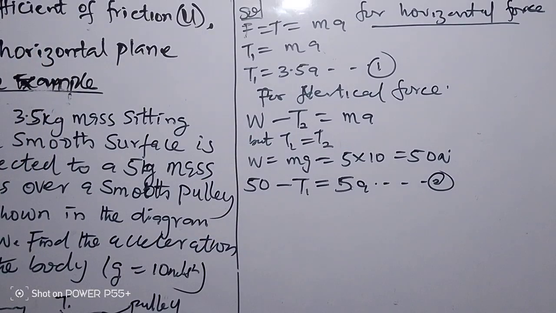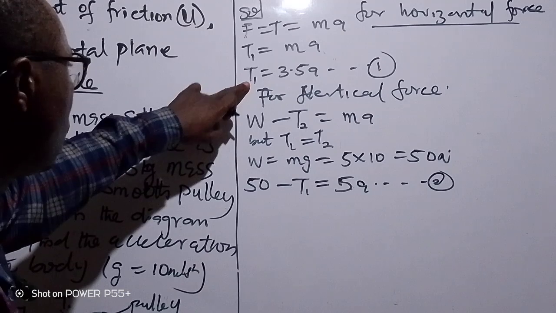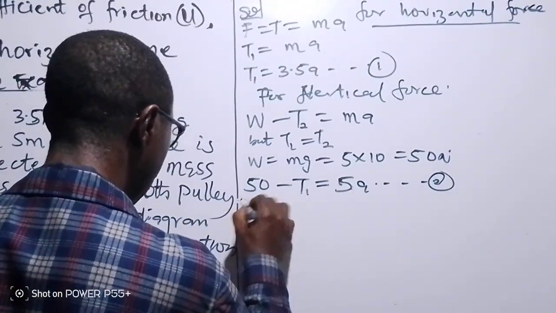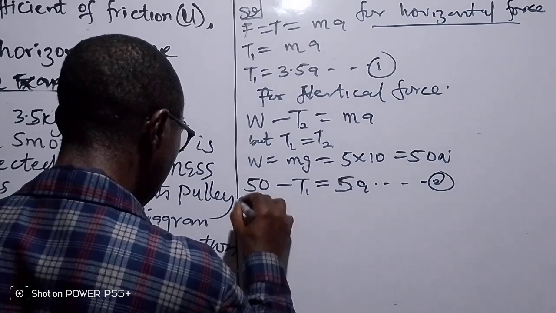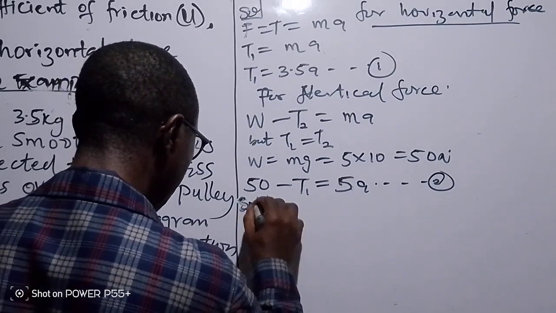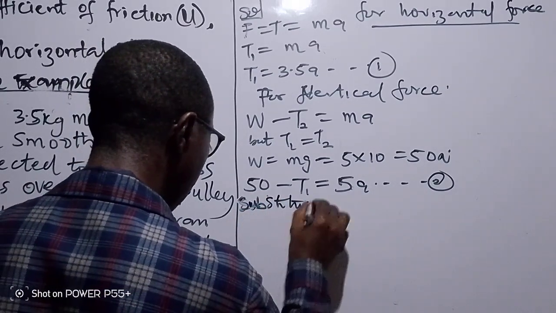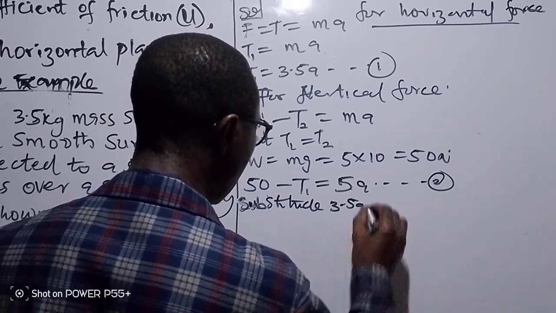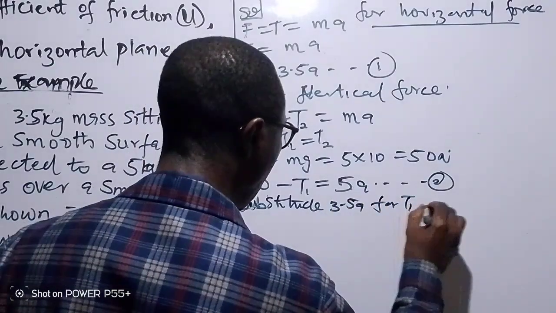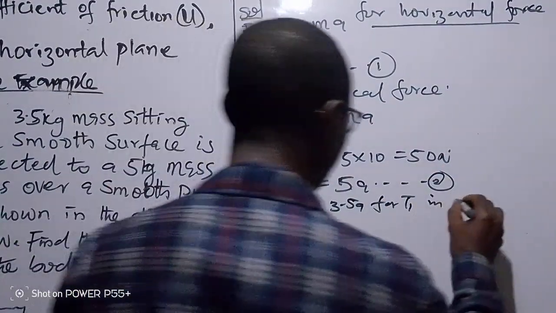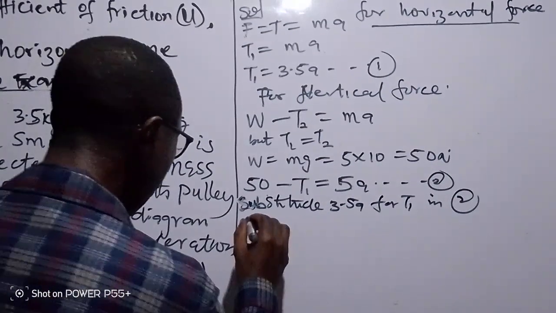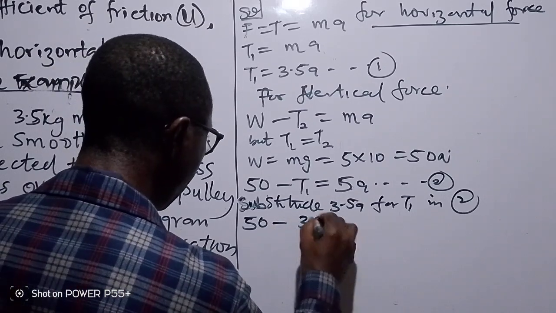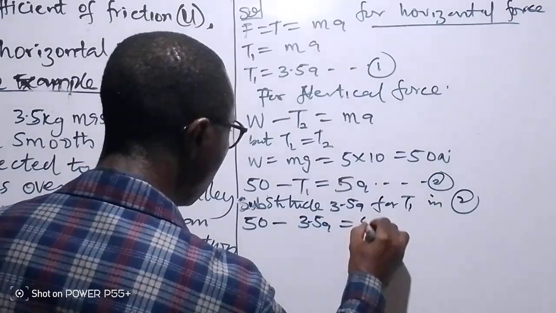So let's substitute 3.5A for T1 in equation 2. So we are going to have 50 minus 3.5A is equal to 5A.